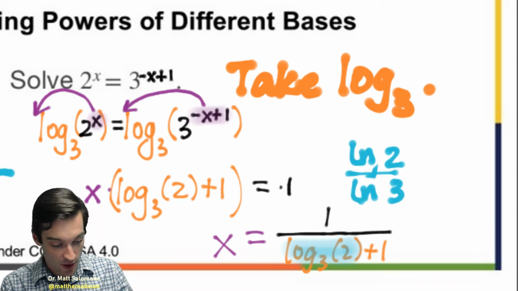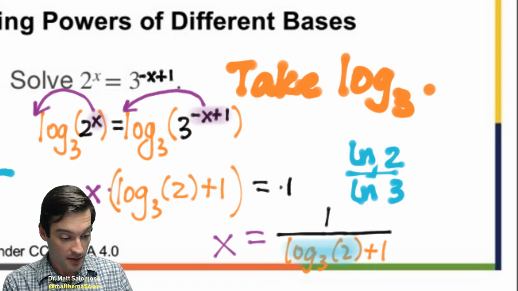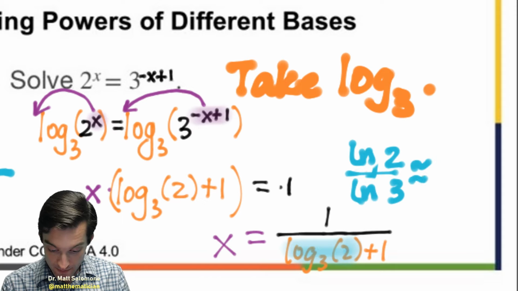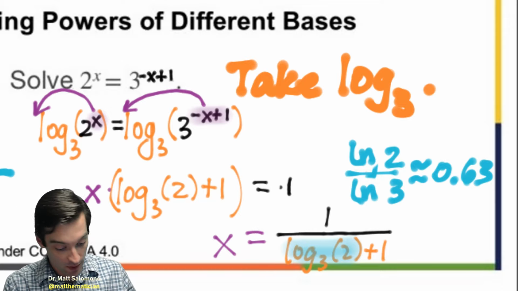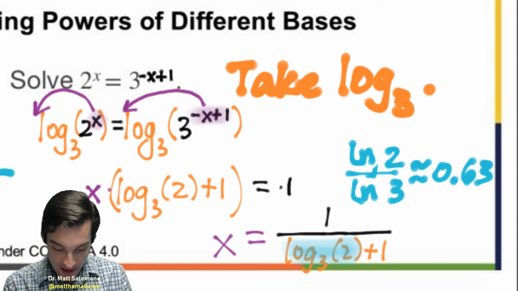And then I take the natural log of 2 on my calculator. I divide it by the natural log of 3 on my calculator. I get a number. It's approximately 0.63. So I'll take that 0.63, I'll put it downstairs, I'll add 1 to it, and I'll take the reciprocal, and then I have my final answer, which is approximately 0.613.